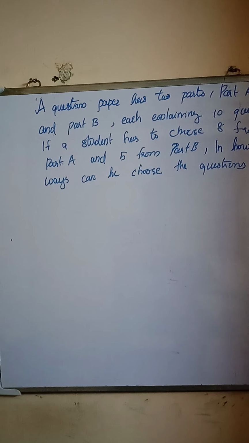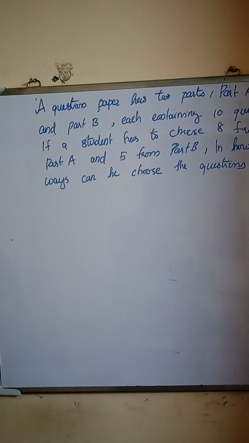Next problem: a question paper has 2 parts, part A and part B, each containing 10 questions. If a student has to choose 8 from part A and 5 from part B, in how many ways can he choose the options?